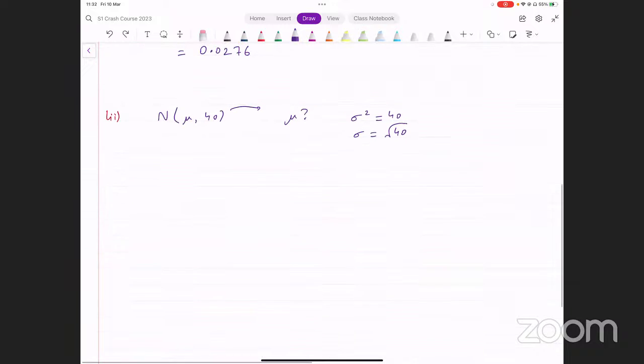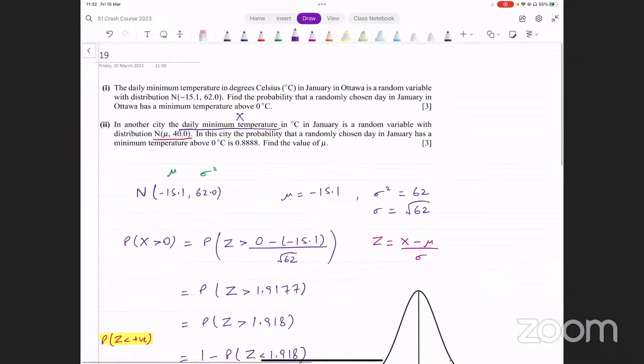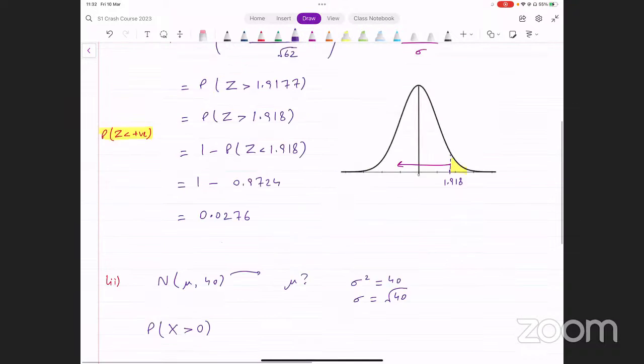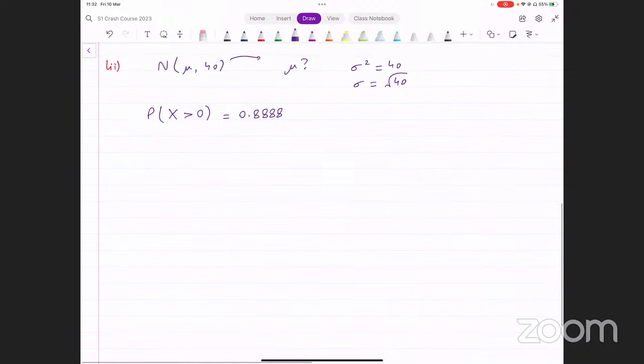So if we write this in probability form, the probability of x being greater than 0 is equal to 0.8888. That is what we are given. We need to find the value of mu from this.